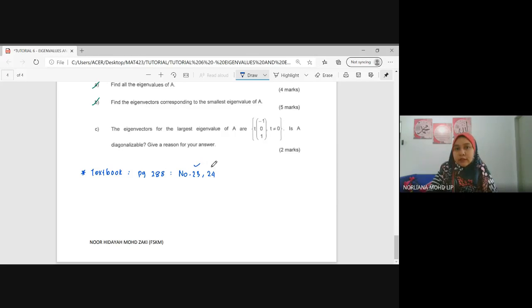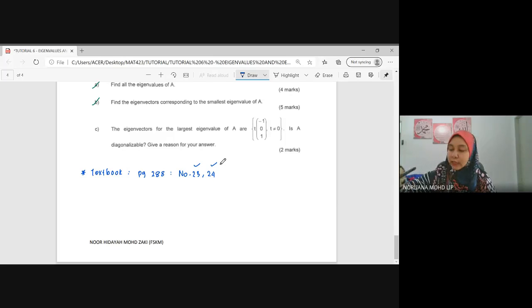Dua ni soalan. Saya inform Hidayah dengan Senajib, suruh buat minggu ni. Semua ada textbook kan? Kalau tak ada nanti saya snap lah gambar ni. Ada dua soalan kat situ.